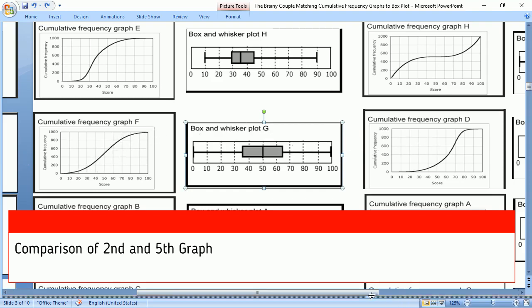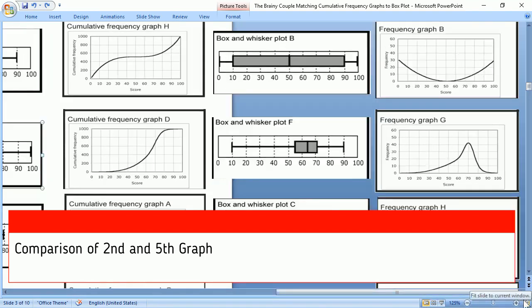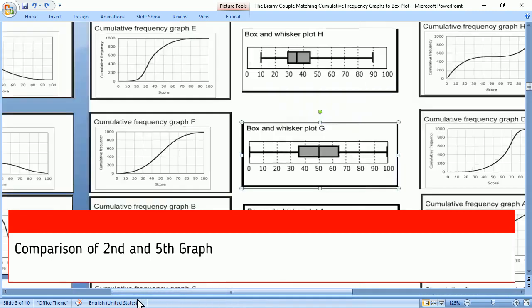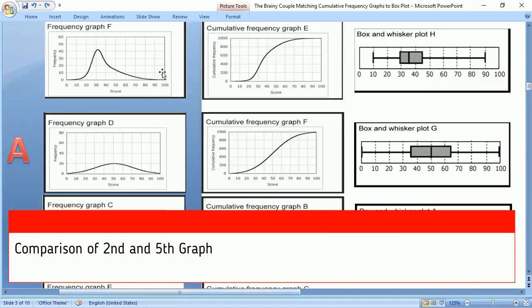And then here is another graph, just smaller. Here we have a graph where it is skewed to the right. How do you know whether it's skewed to the left or skewed to the right?